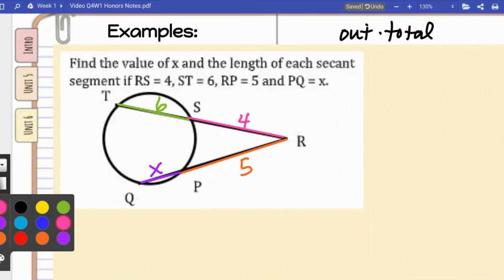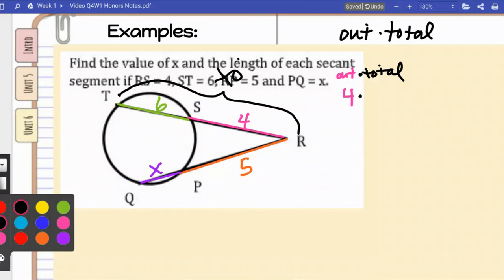So I take the outside. Let's focus on TR first. So I take the outside of TR, which is 4. We're going to multiply that by the total. In our case, our total is going to be from T all the way to R. That's my total.